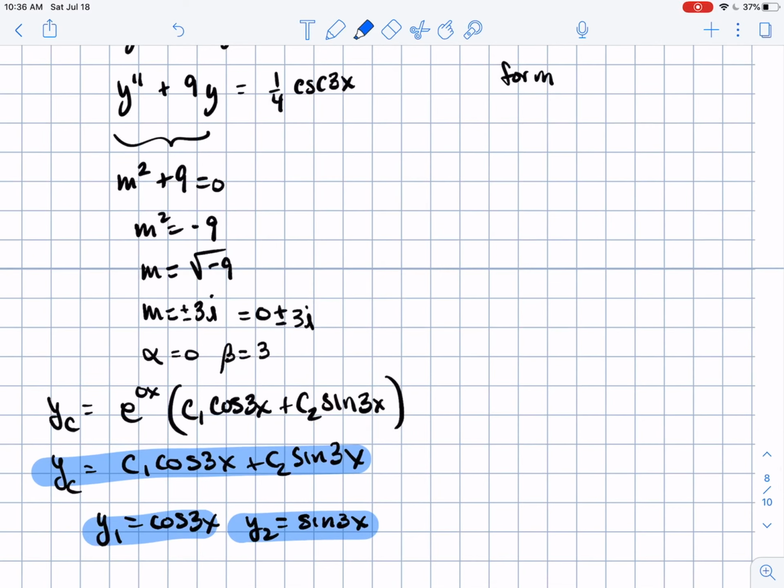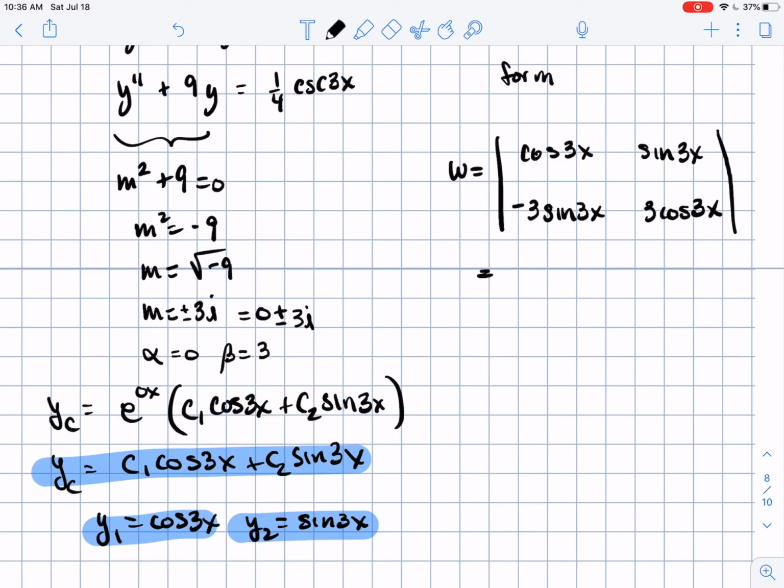Okay, so now let's do W. W is going to equal, you have cosine 3x, the derivative would be -3 sine 3x. Here we have sine 3x, the derivative of that is 3 cosine 3x.